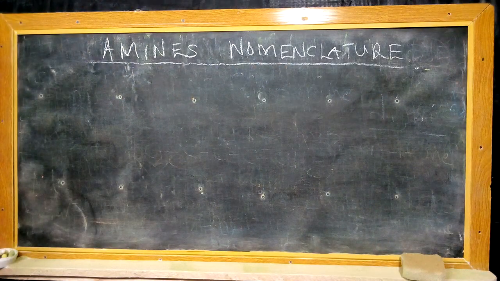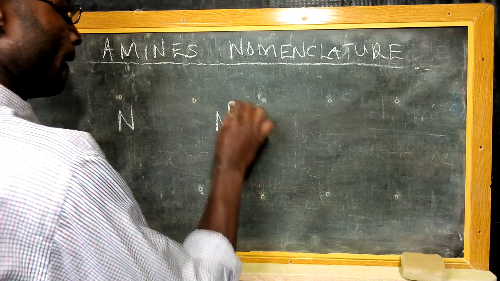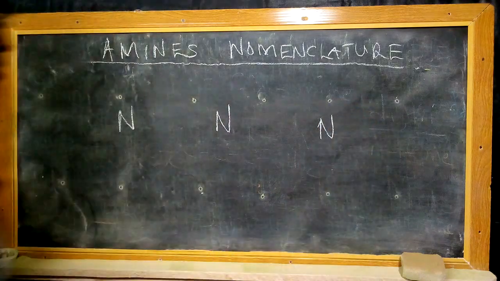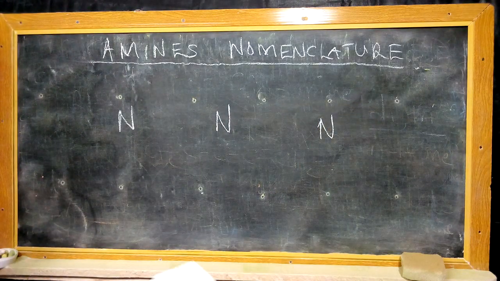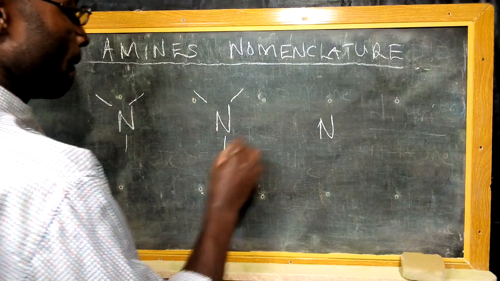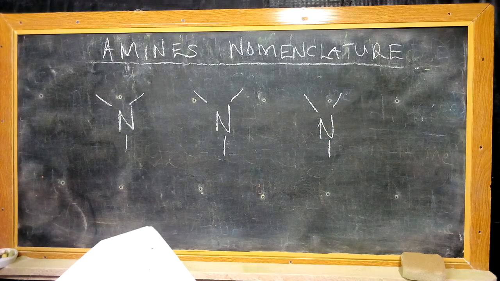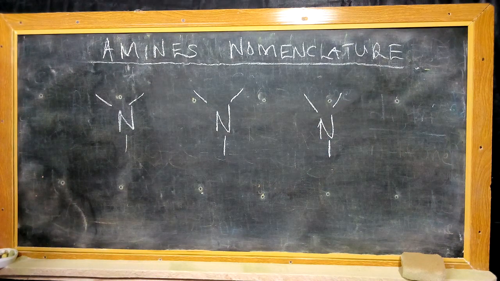So we shall look at some examples. I will put nitrogen for the amine group, and I'm going to use that to demonstrate primary, secondary, and tertiary amines, that is, the first, second, and third degree of substitution.